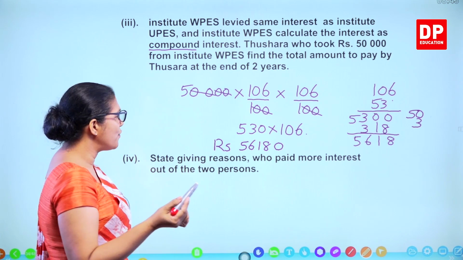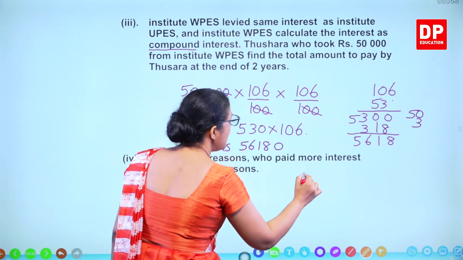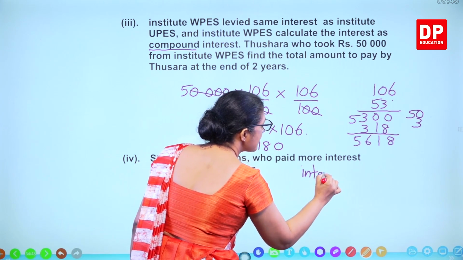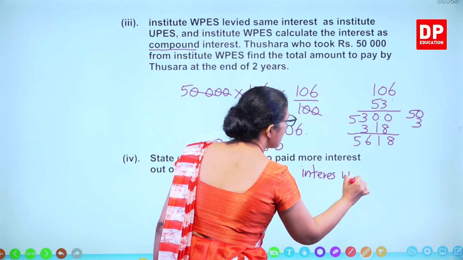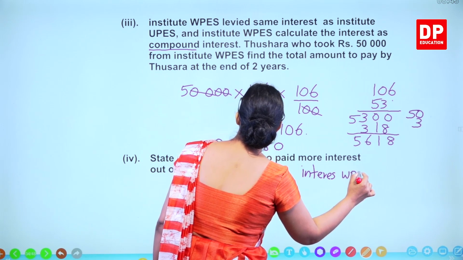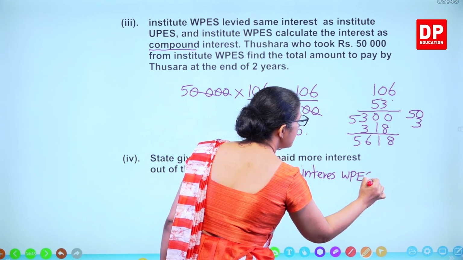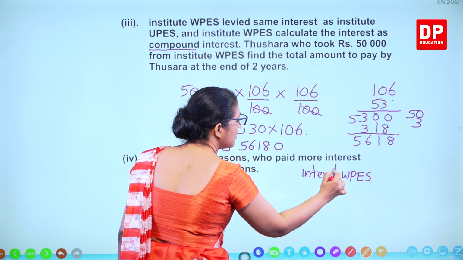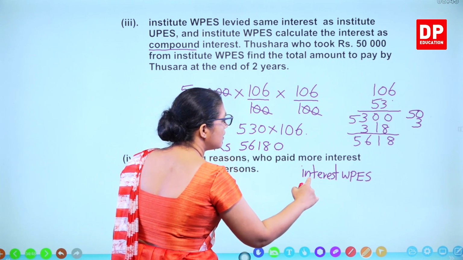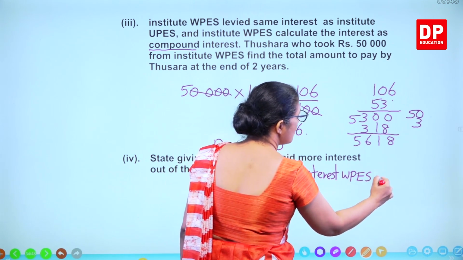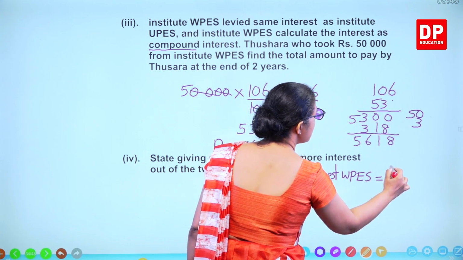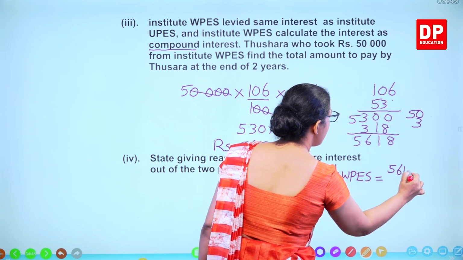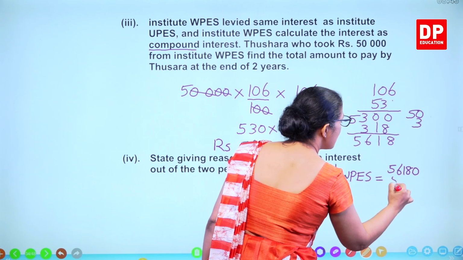Now state giving reasons who paid more interest out of the two persons. So we have to find out the interest. So we'll see the interest for WPES Institute. That's 56,180 minus 50,000.